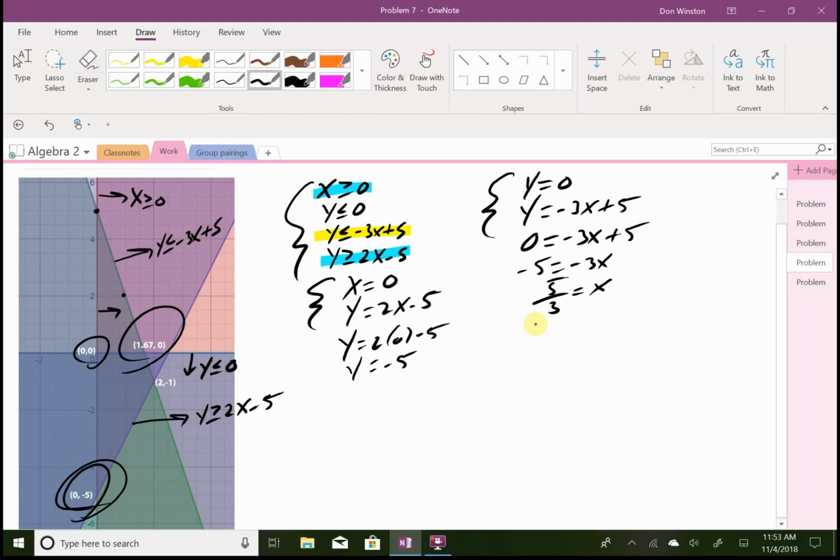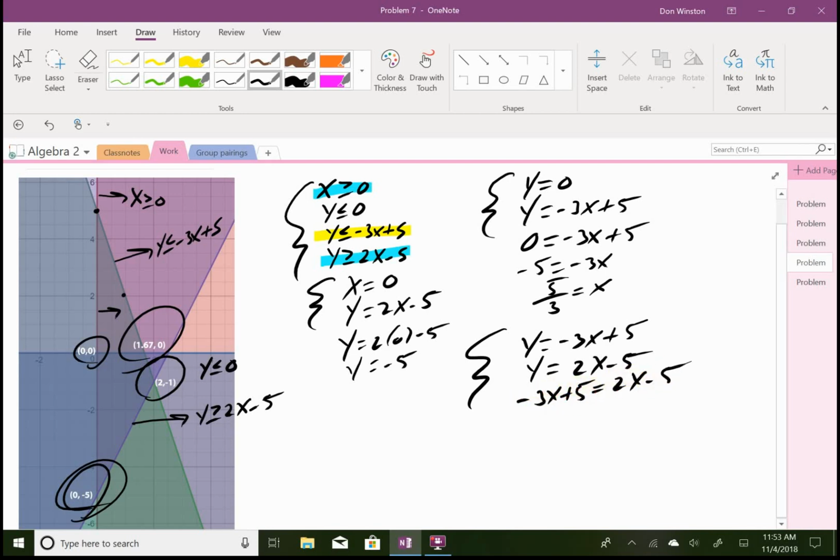And then lastly, we have to find the intersection of these two lines here. Again, one equation is y is equal to negative 3x plus 5, and the other equation is y is equal to 2x minus 5. Again, we set y equal to y and solve. So minus 3x plus 5 equals 2x minus 5.